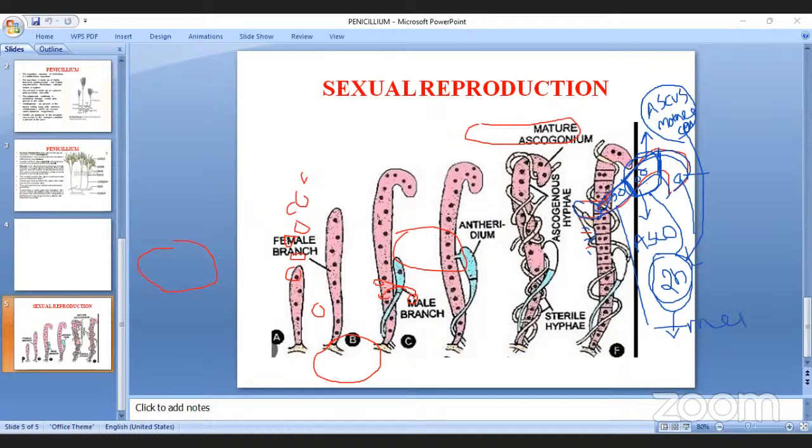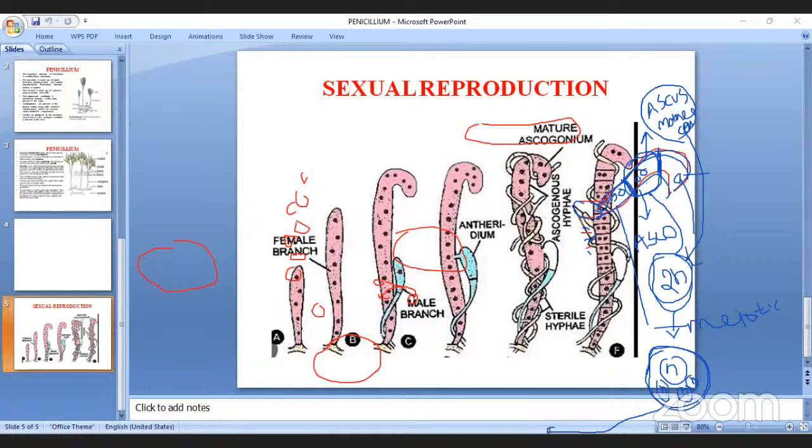After meiotic division, what is the ploidy of the nucleus? Haploid. So now the diploid one becomes haploid. Like this, four haploid nuclei form. Later, these four haploid nuclei undergo mitotic division.